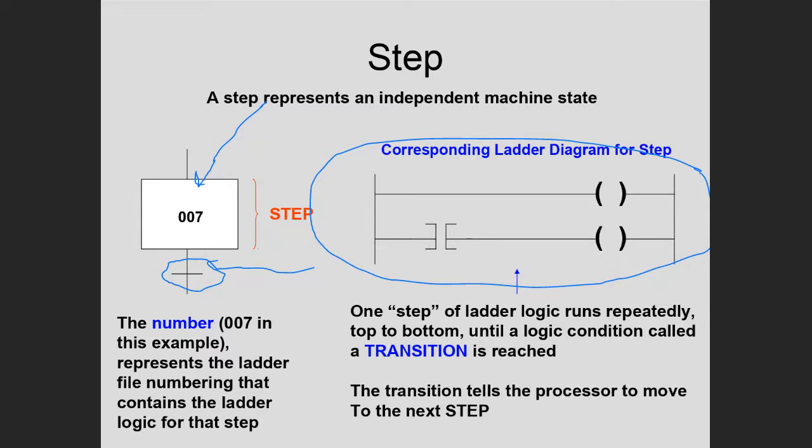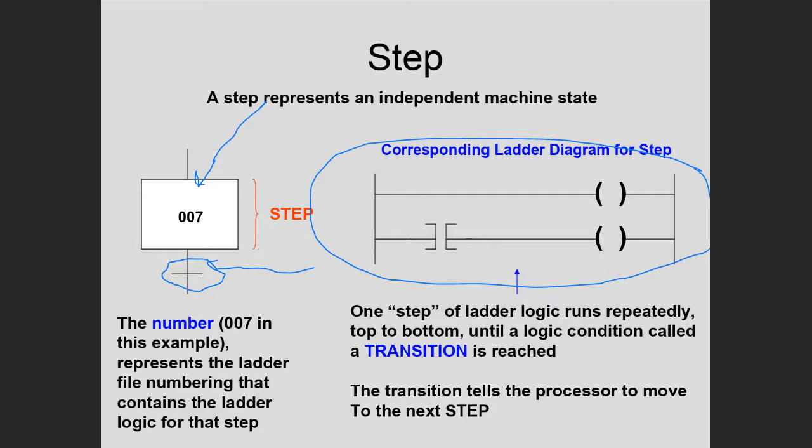What I said previously is that function chart programming is really not another language. You're still using ladder logic, just in a different way. You're still going to use examine if open, examine if closed, output energize, and any other instruction that we talk about. It's just how we're using it that's a little different.